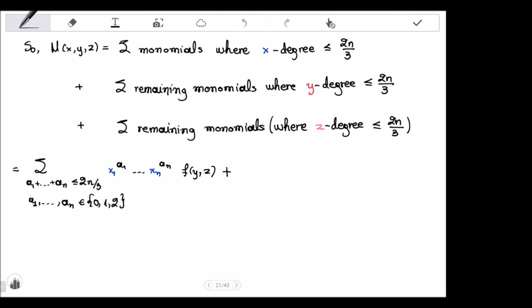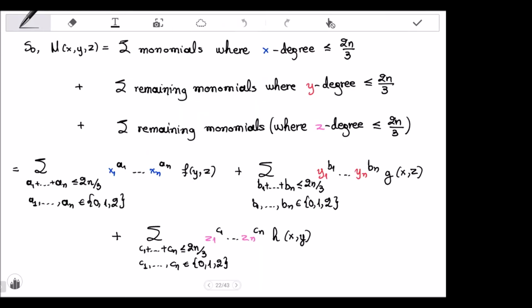So here it is. Here is this first sum. I can write it as a sum of monomials that depend on x. The power, the degree of this, the power here will add up to at most 2n/3, because I'm in that first case. And each single degree can't be large. It's either 2, 0, or 1. And similarly, the other two terms have very similar enumeration.